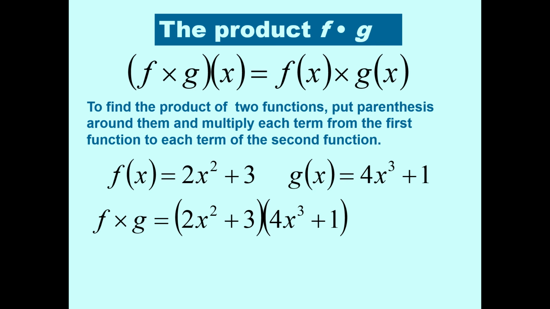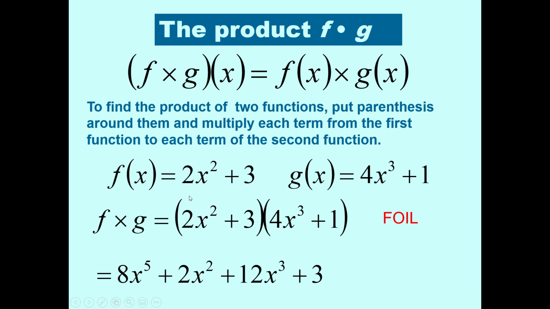Okay, now here, after this I'm going to solve some questions on board, but let's follow this from here. We have to multiply each term with the other. You can write it by yourself.